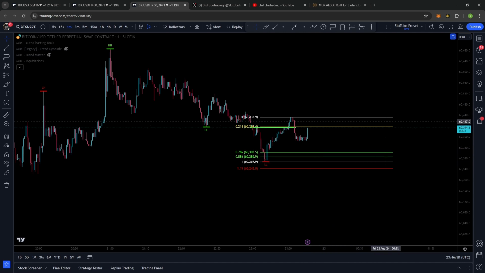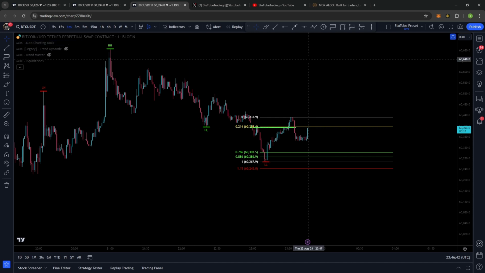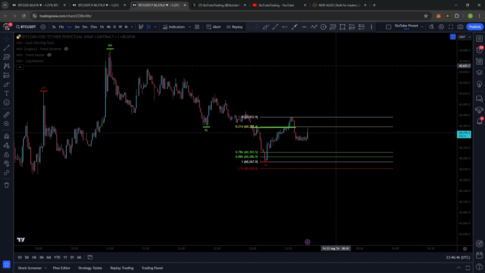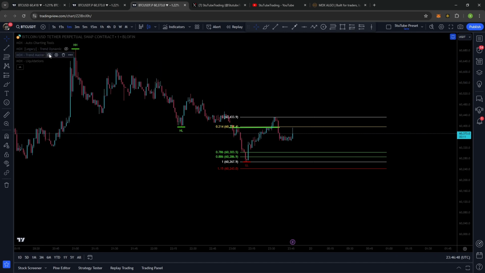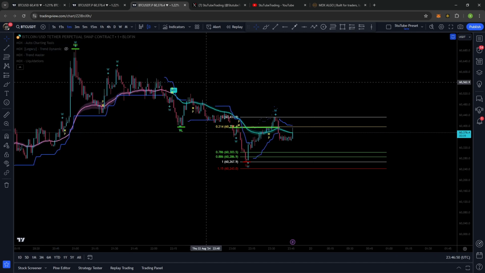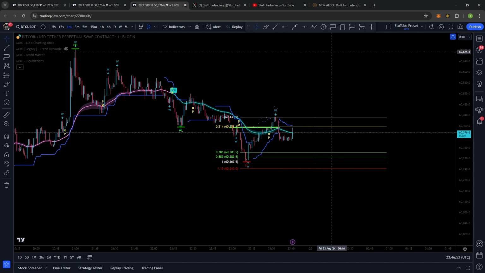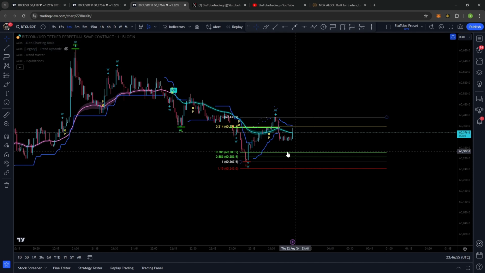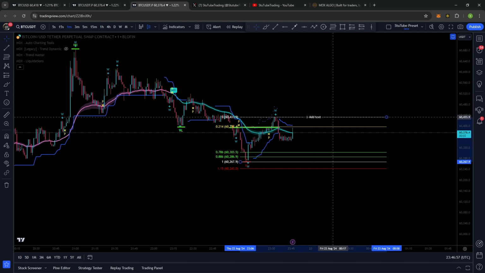Might not even get the pullback down there. Trendmaster, yeah, the Trendmaster still showing a little bit of resistance there. Let me just lock this in place.